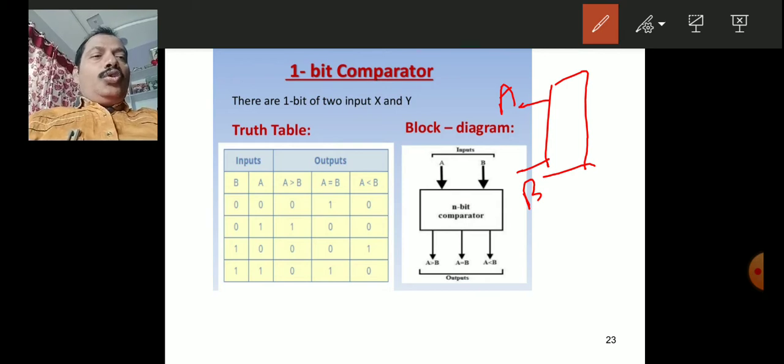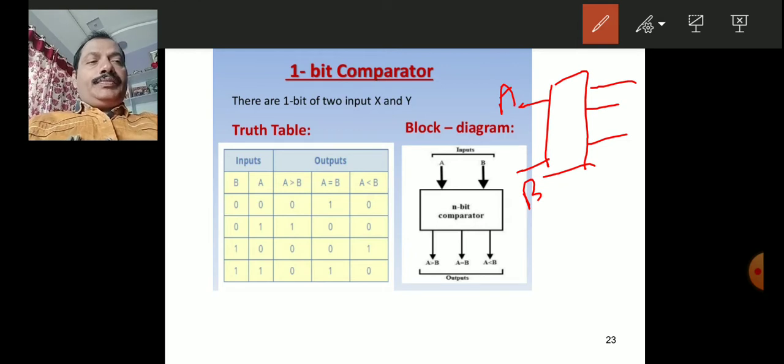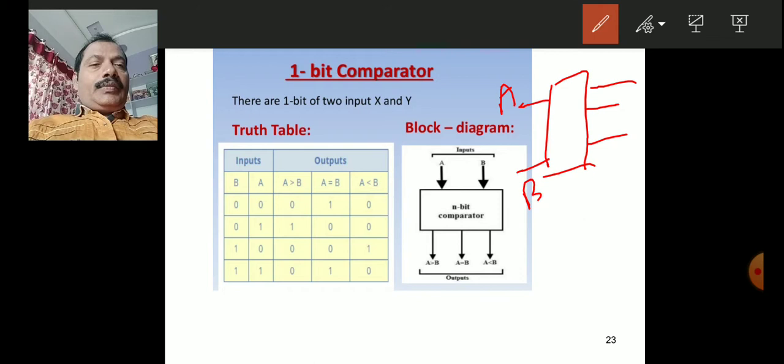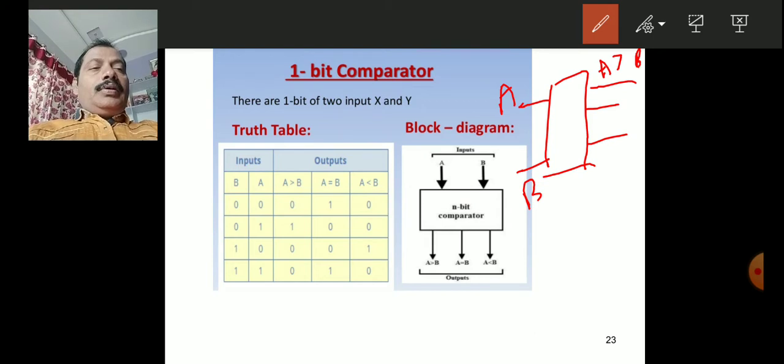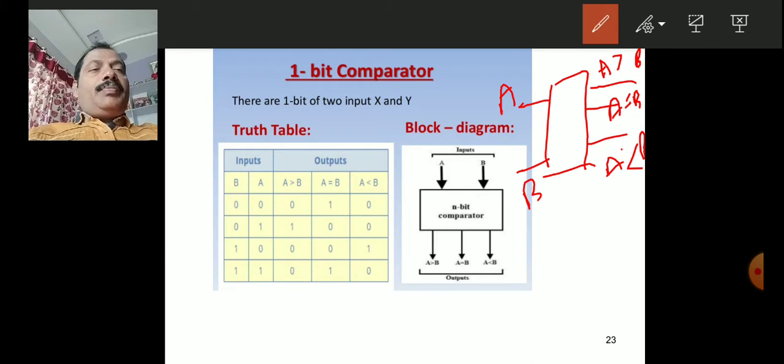And three outputs. Two inputs and three outputs. One output is A greater than B. Next, A equals B. Next, A less than B. These are the possible outputs of the comparator. This is the 1-bit comparator.